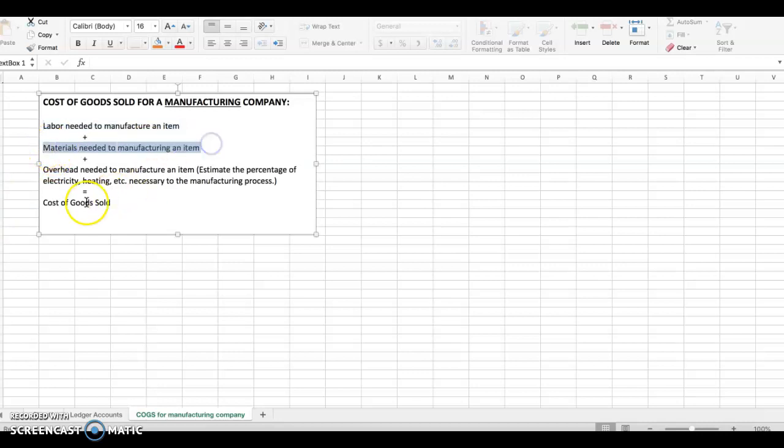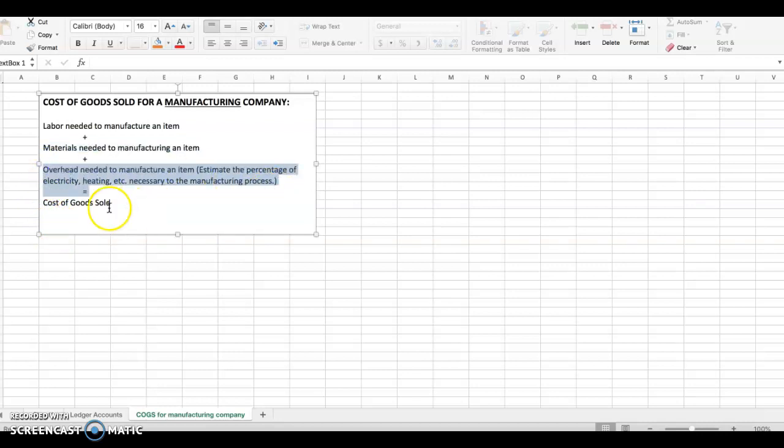We need to figure the cost to us of the materials needed to manufacture the item. So if we're making wooden toys, for example, we have to understand how much that wood costs the business. So the labor is involved, the labor needed to actually manufacture the item, the actual materials needed to manufacture the item, and then something called overhead.